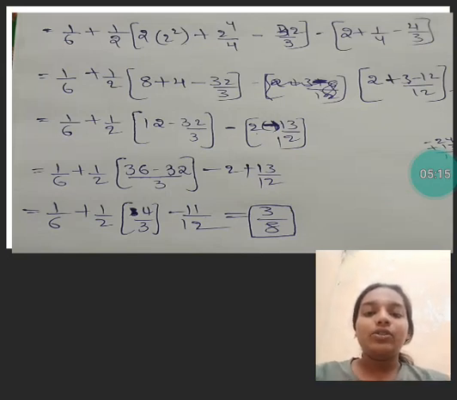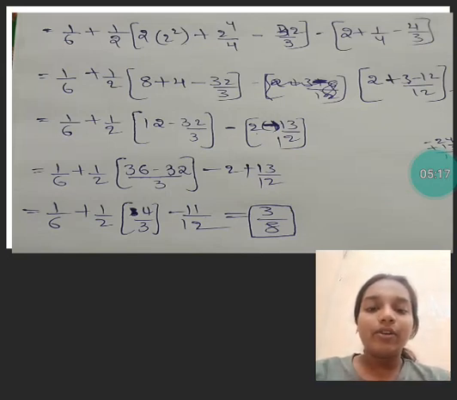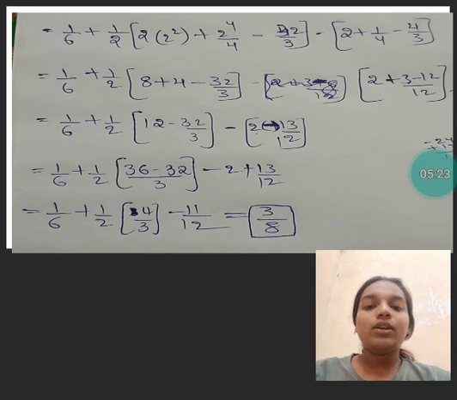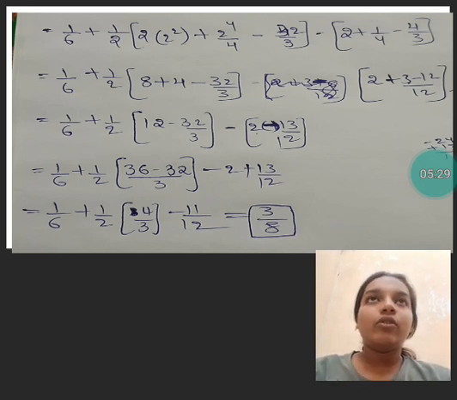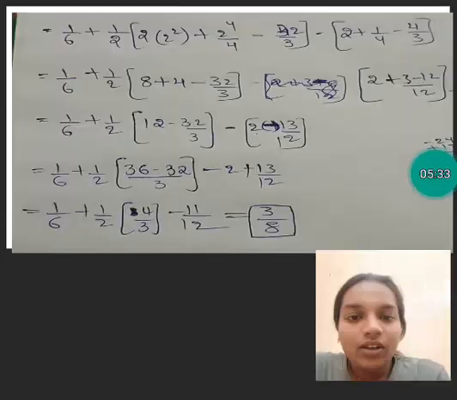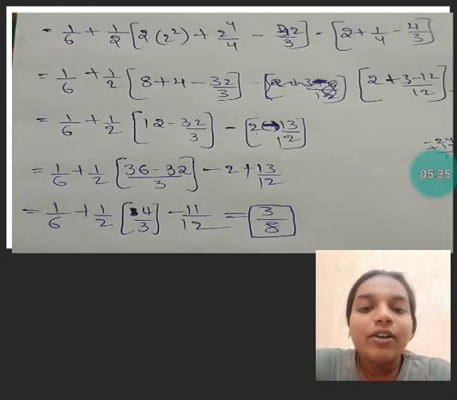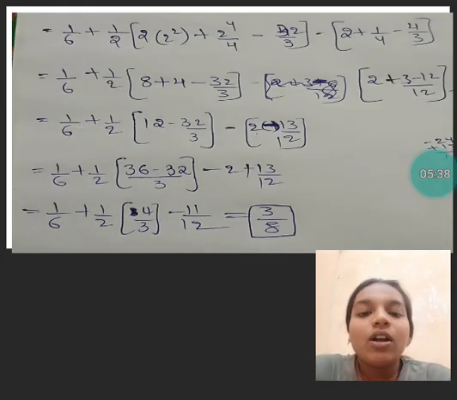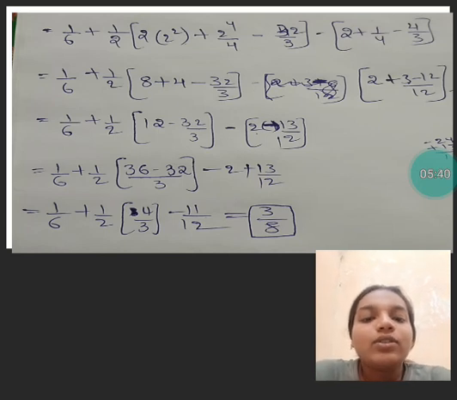Next, 1 by 6 plus 1 by 2, 2 square can be converted into 4, 2 into 4 becomes 8. 8 plus 4, 2 power 4 is 16, 16 by 4 is 4, minus 32 by 3, minus 2 plus 1 by 4 minus 4 by 3.